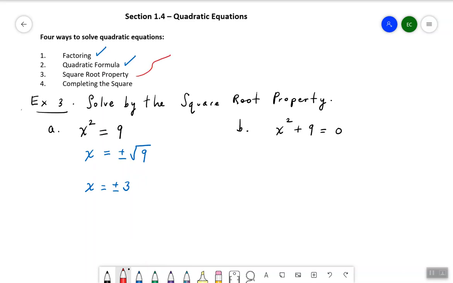And so let's go ahead and state the square root property in general. It just says that if x squared is equal to a, or some constant, then x must be equal to the positive or the negative square root of a.